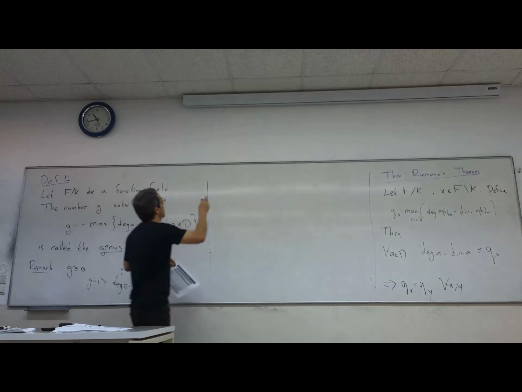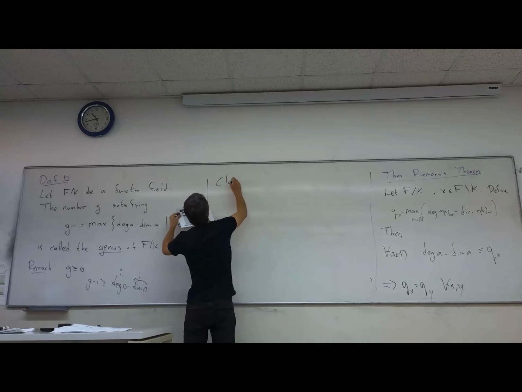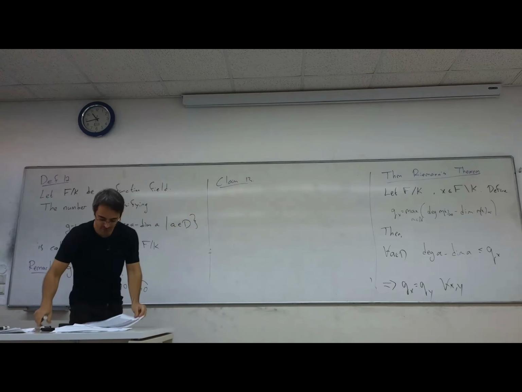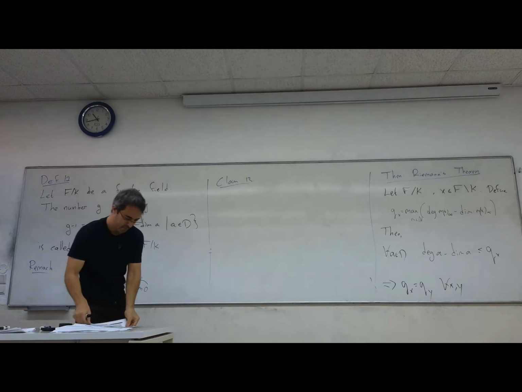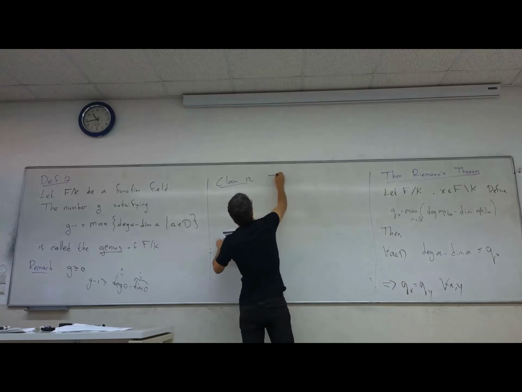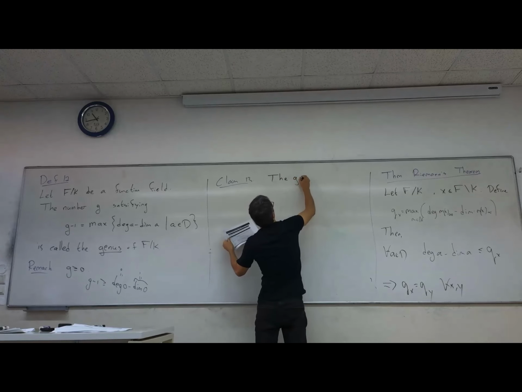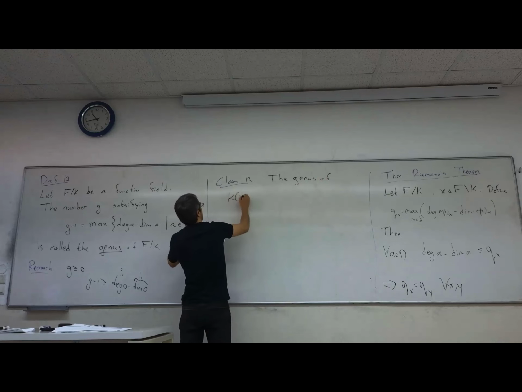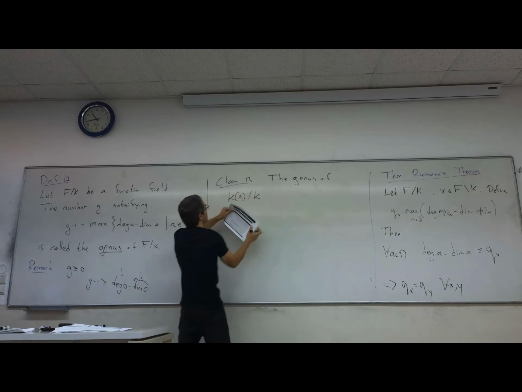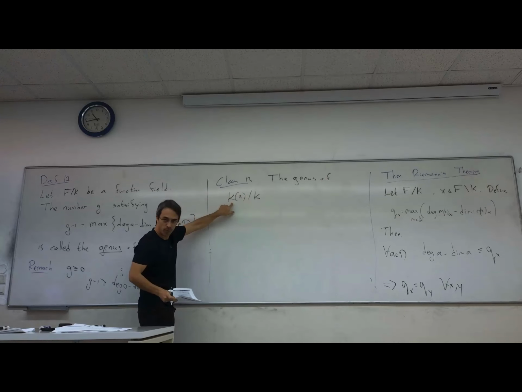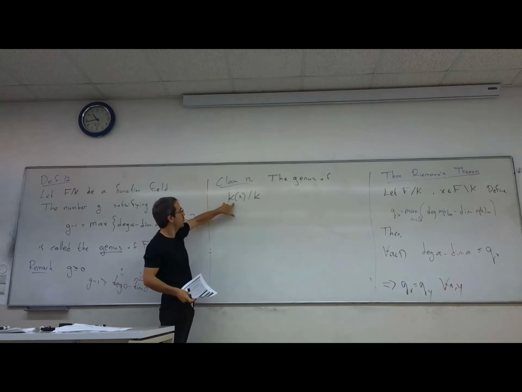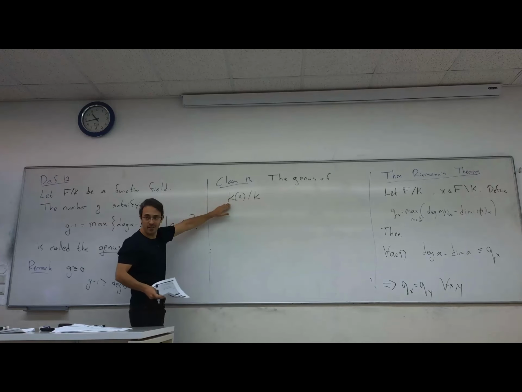And the claim here is that the genus of the rational function field is 0. What Yuval said was in the complex case, thinking of k as the complex field, so the rational functions over the complex field, but it actually holds for every field.